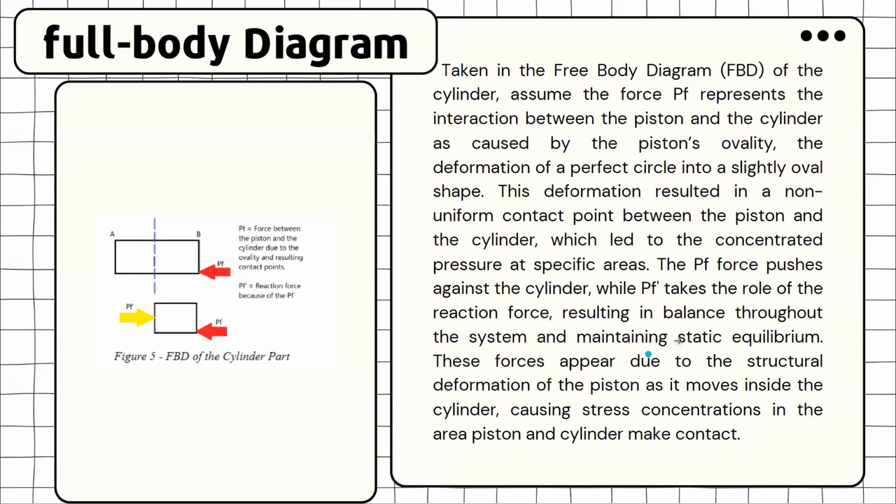This pressure is balanced by reaction force, maintaining system equilibrium. However, the uneven force introduces shear stress into the cylinder, causing it to distort and experience angular deformation. The more uneven the pressure, the greater the deformation in the cylinder walls.